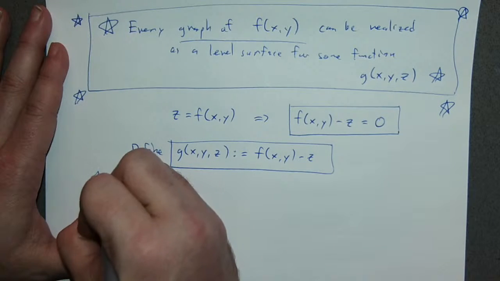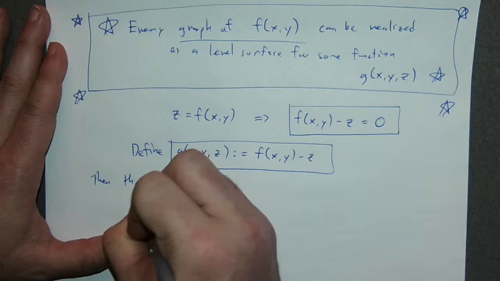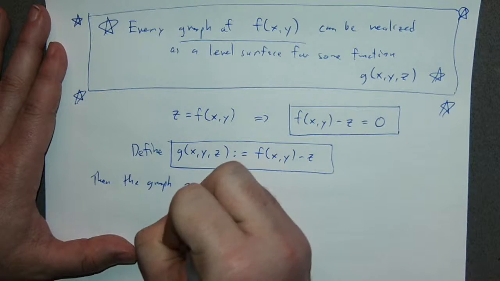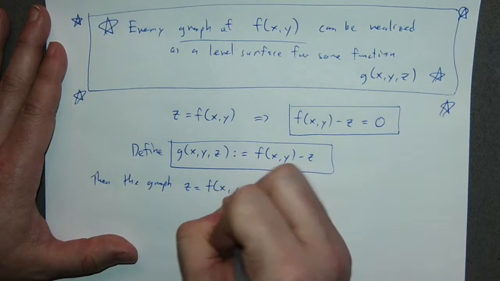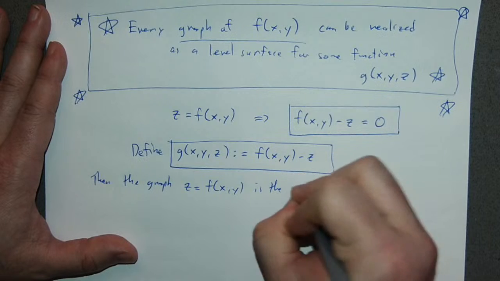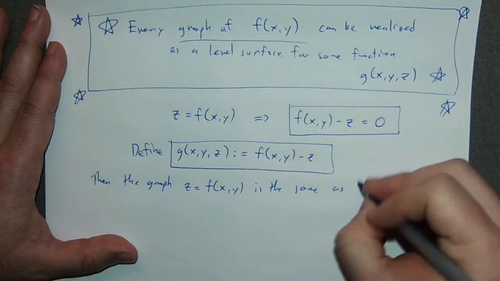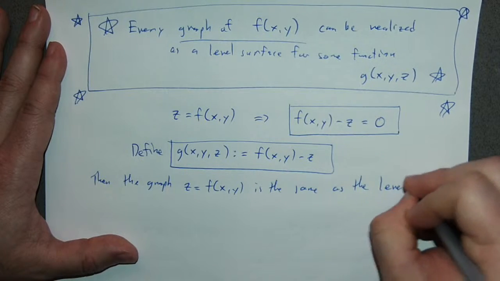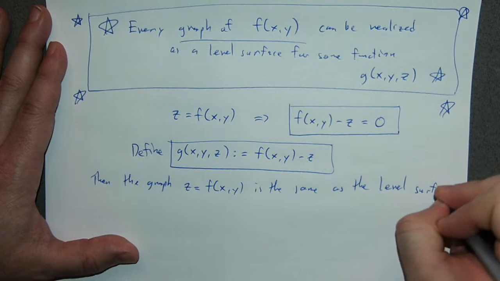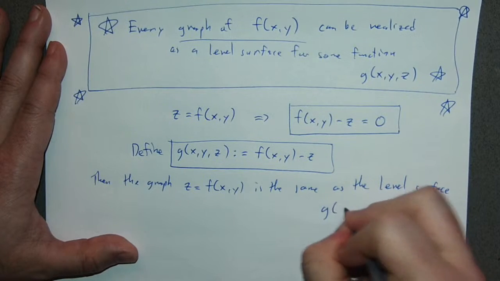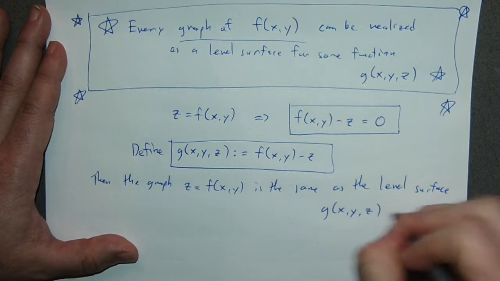Then the graph z equals f of x, y is the same as the level surface g of x, y, z equals 0.